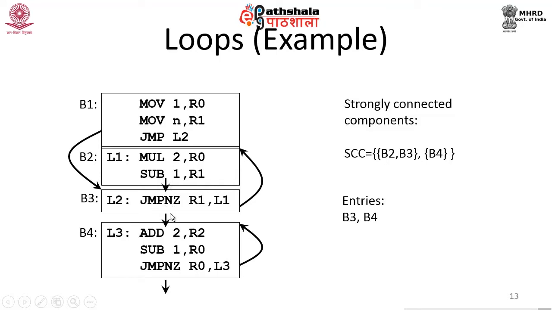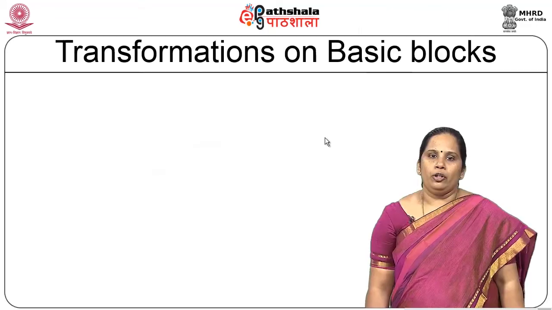So B2 and B3 are strongly connected, and one more is B4. B4 is also strongly connected because to come to B4 I necessarily have to come through B2 only. So entries are here, B3 and B4 are entries to B4. So this is one example. We will come back to this with reference to dominators and flow graphs in the next module.